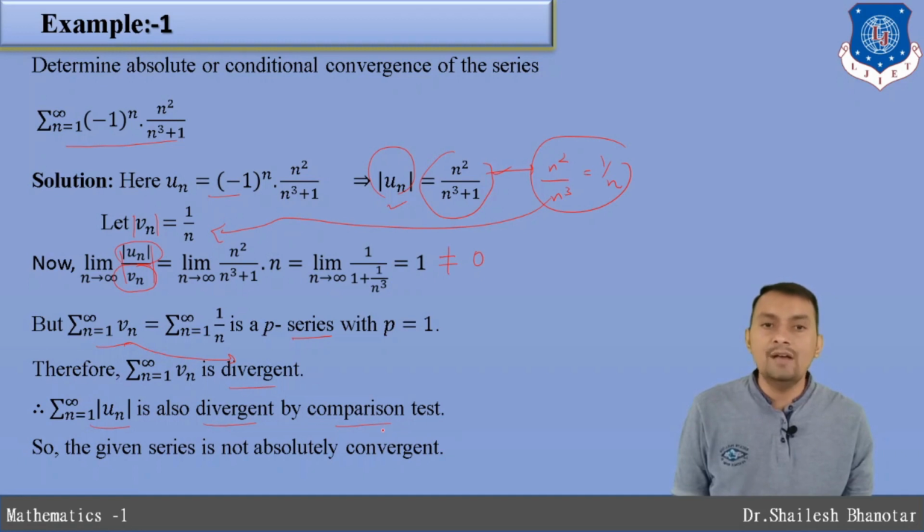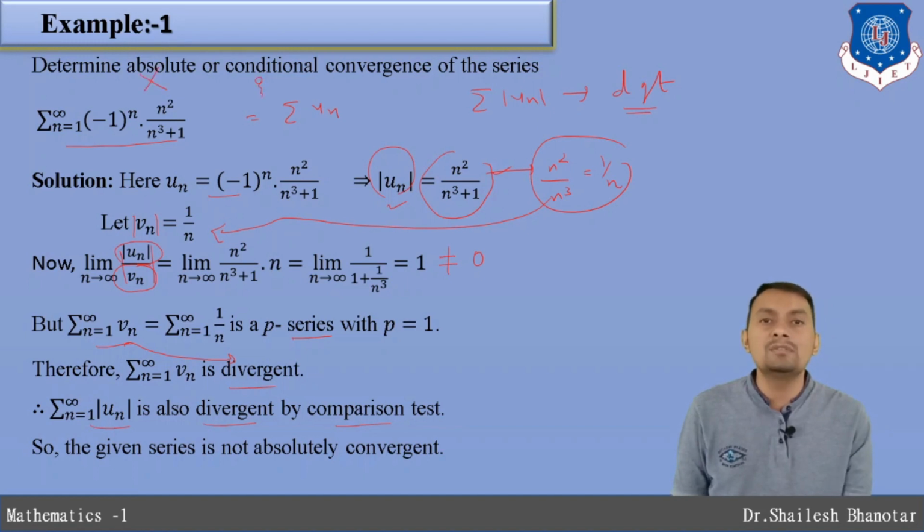So we have derived that the absolute value of Un is divergent, so absolute convergence is not there.